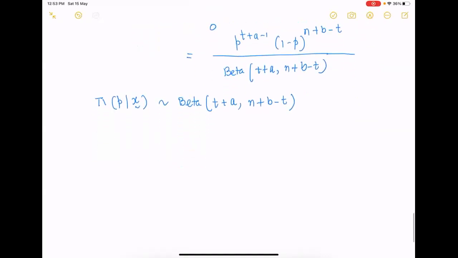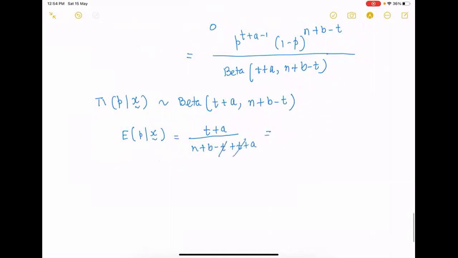Now it turns out the posterior distribution of P given X tilde is (T + A) / (N + B - T + T + A).